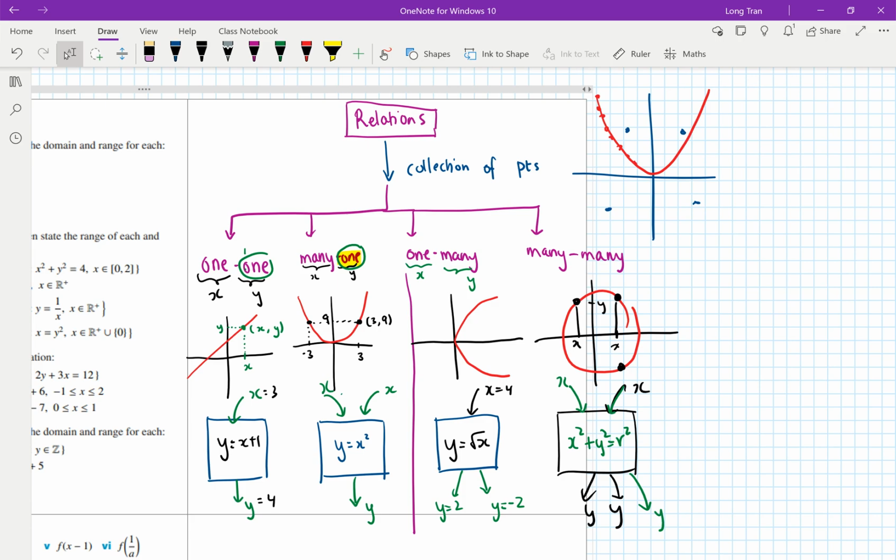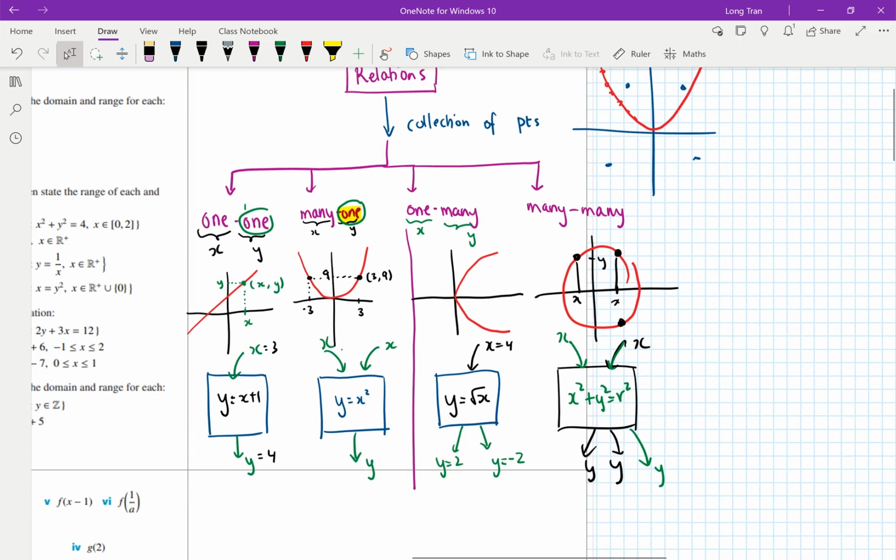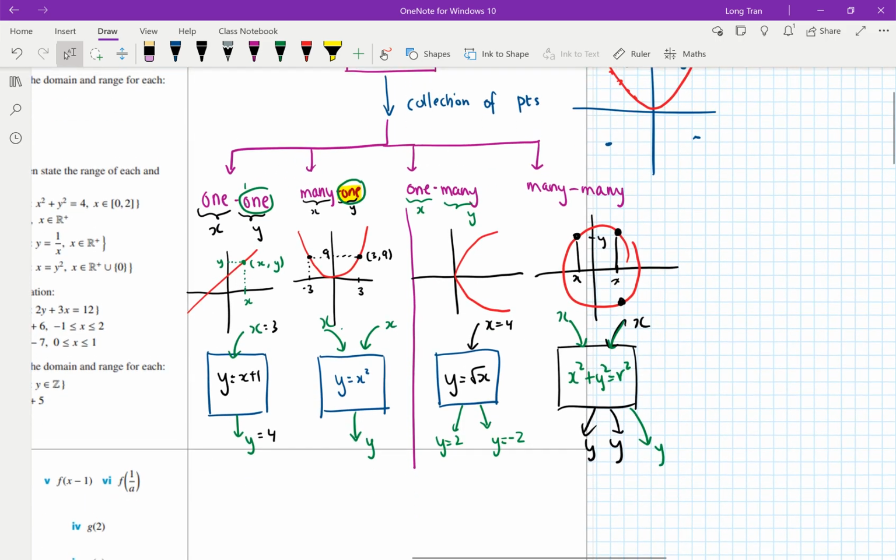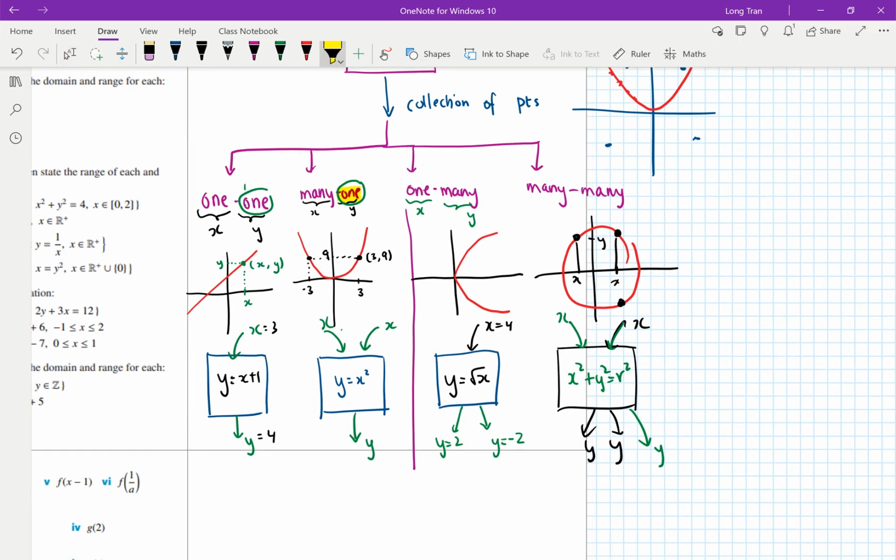So in this case here, what is a function? By definition, a function literally just means, I'm just going to write underneath here to help you. Function is when you only have one y value.